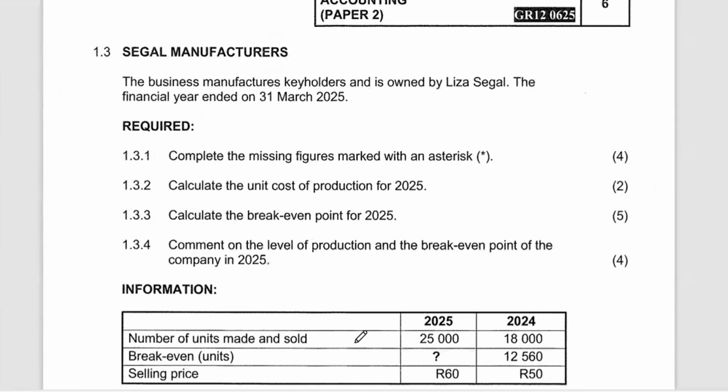Segal Manufacturers, the business manufactures key holders, and is owned by Lisa Segal. The financial year ended 31st March 2025. We are required to complete the missing figures. We are also required to calculate the unit cost of production and the break-even point. You also need to comment on the level of production and the break-even point of the company.